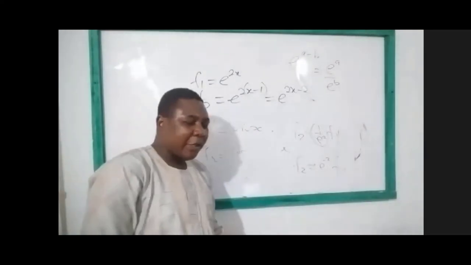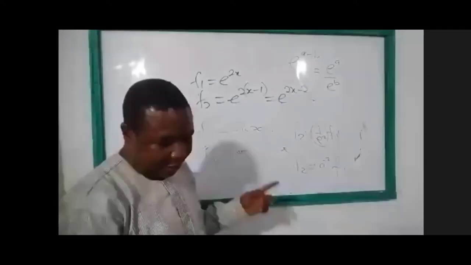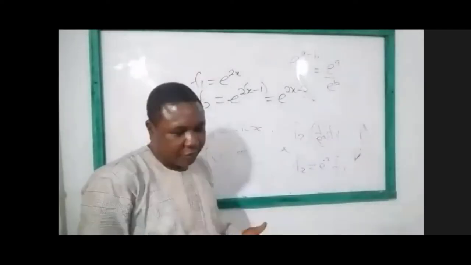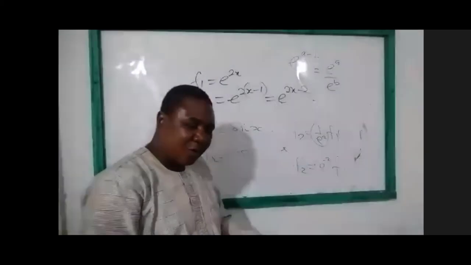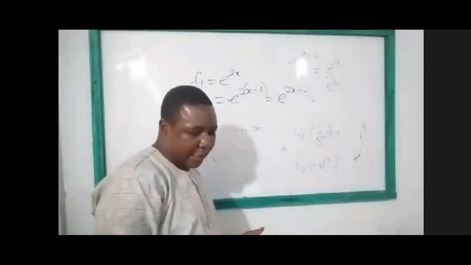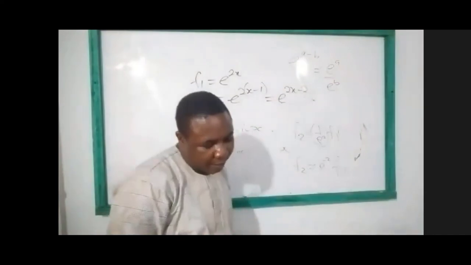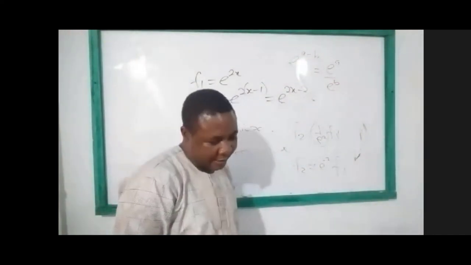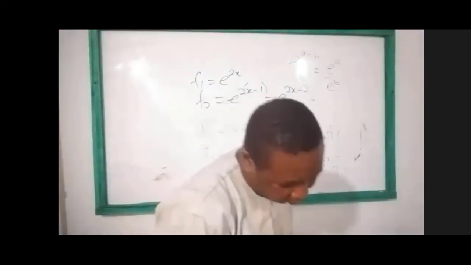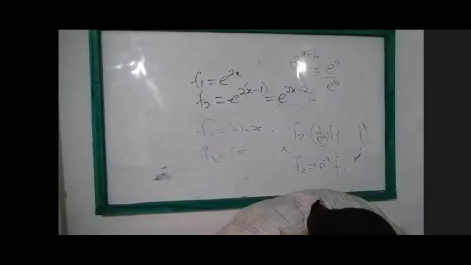So it is your ability to see the connection between the two functions and how you can express one as a scalar multiple of the other that can help you conclude that these two functions are linearly dependent.